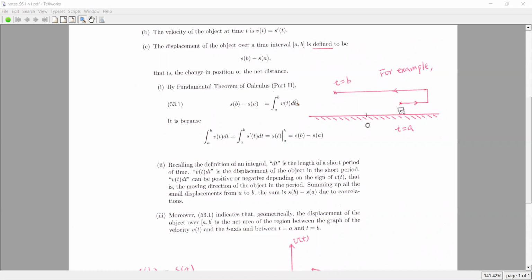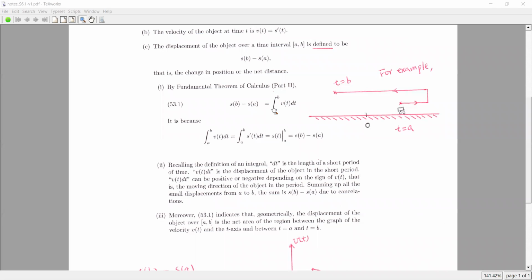In this integral, dt is the length of a short time period. Velocity times dt is the displacement of the object in that short time period. The displacement can be positive, can be negative, depending on the sign of the velocity. That is, depending on the moving direction of the object in that short time period.